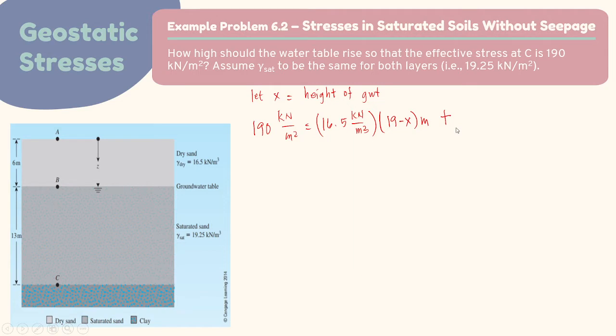So that would be equal to 19.25 minus 9.81, which is 9.44 kilonewton per cubic meter, times the height x, or the height of the groundwater table.